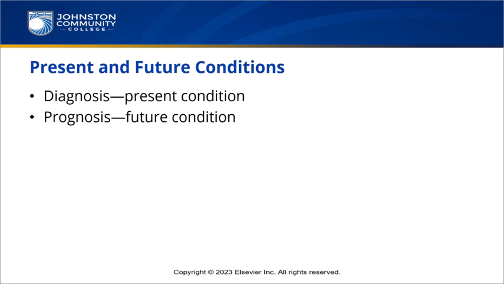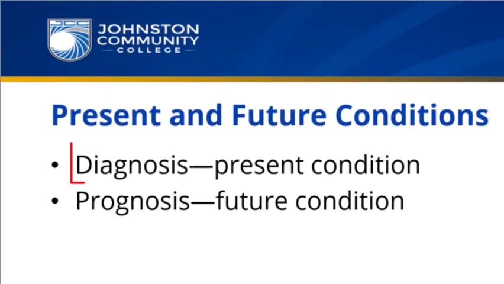Let's discuss our terms for present and future conditions. First, we have diagnosis. We have the word parts dia and gnosis. Dia means through or complete, and gnosis means a state of knowledge. Literally, complete state of knowledge, a diagnosis, to us is the name of a disease or condition after a healthcare professional evaluates a patient's signs, symptoms, and history.